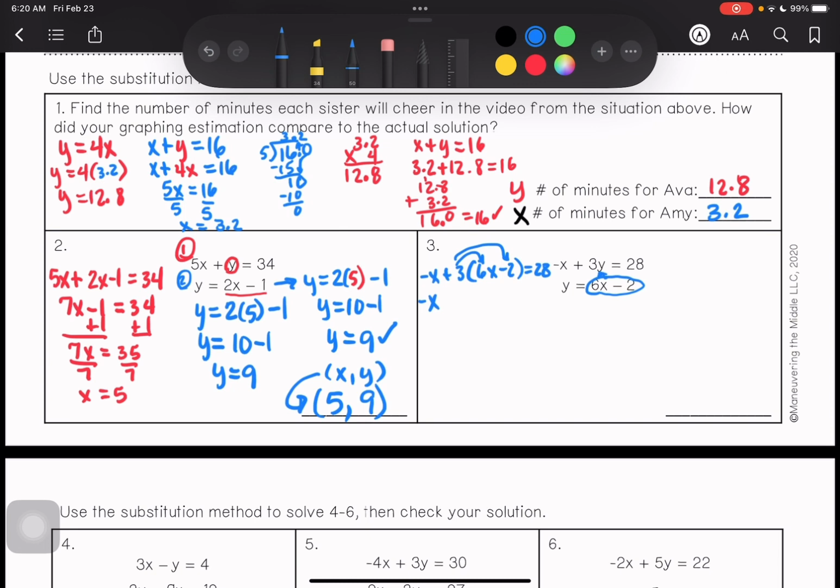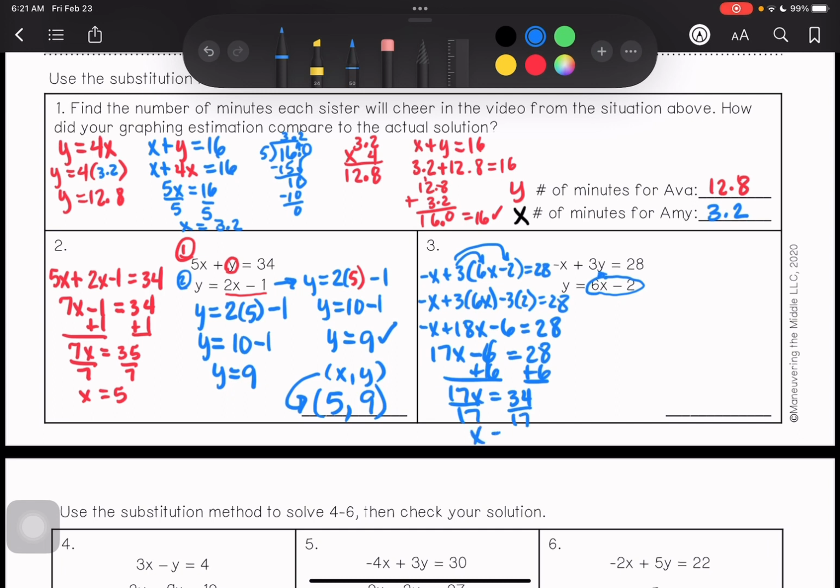Negative x plus 3 times 6x minus 3 times 2 equals 28. That's negative x plus 18x minus 6 equals 28. Combining like terms, you have 17x minus 6 equals 28. Add 6 to both sides. 17x equals 34. Divide both sides by 17. X equals 2.